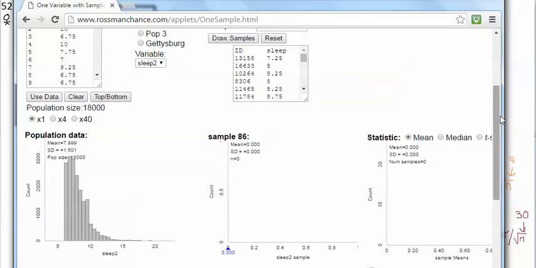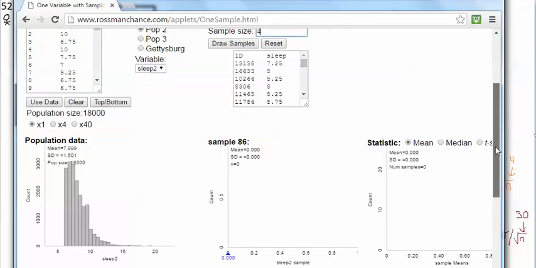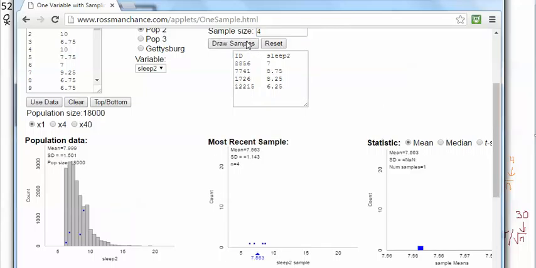So, if you take a small sample from a skewed population and you calculate the mean of your sample, what happens is the sampling distribution follows the same shape as the population.